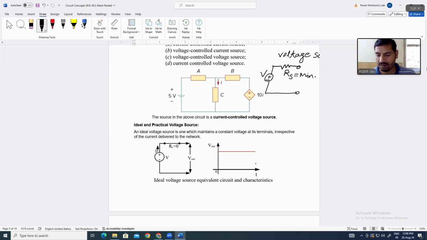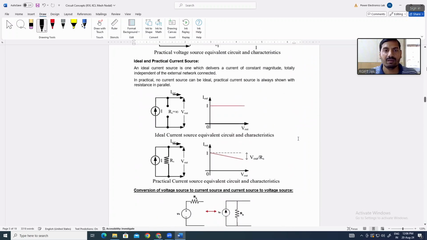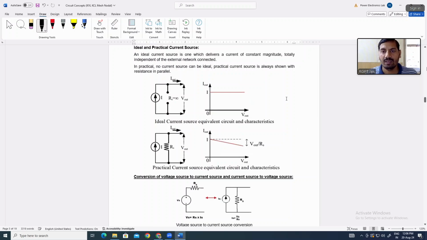Whereas in a practical current source, the internal resistance of the source will be connected in parallel to the source.